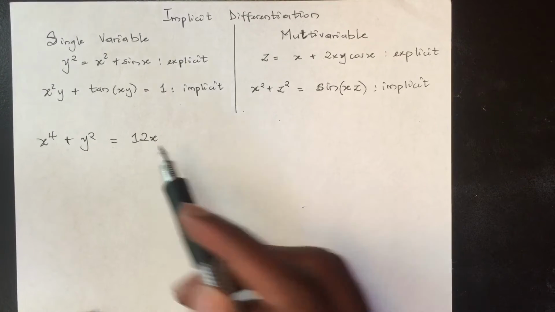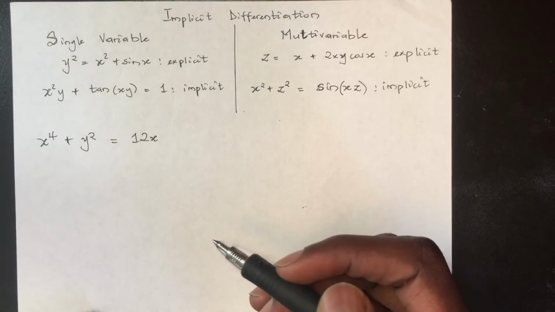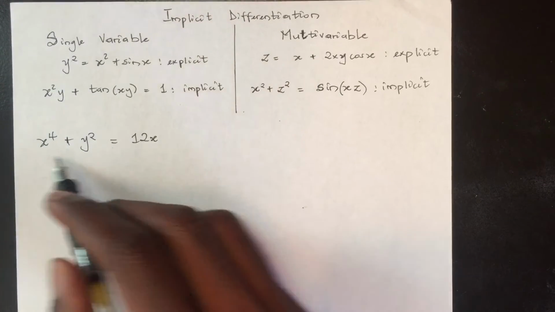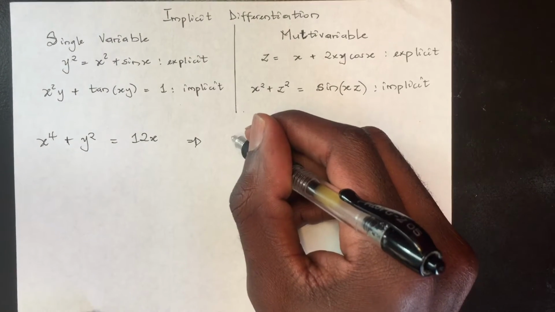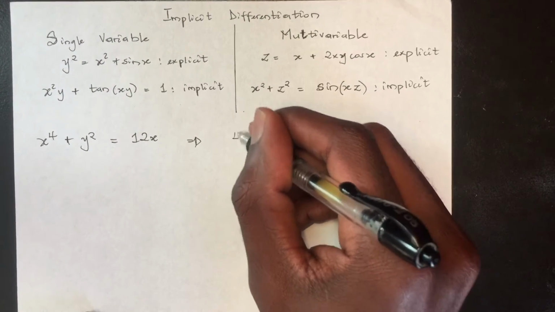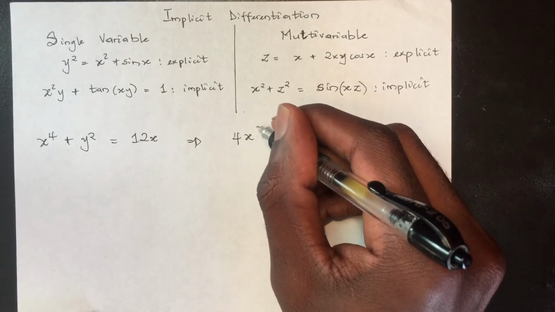Basically, if you're trying to get dy/dx on this equation, you differentiate x to the fourth power, and that's going to give you 4x to the third power.